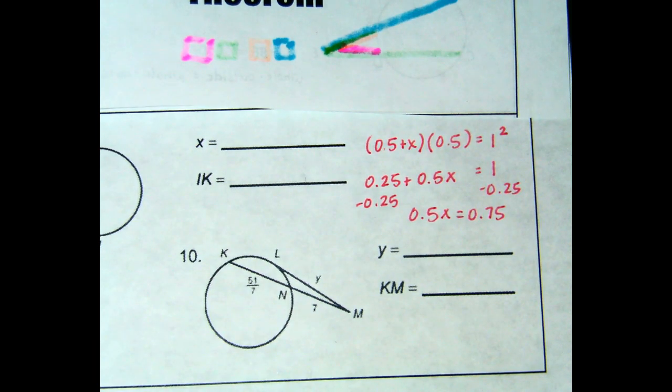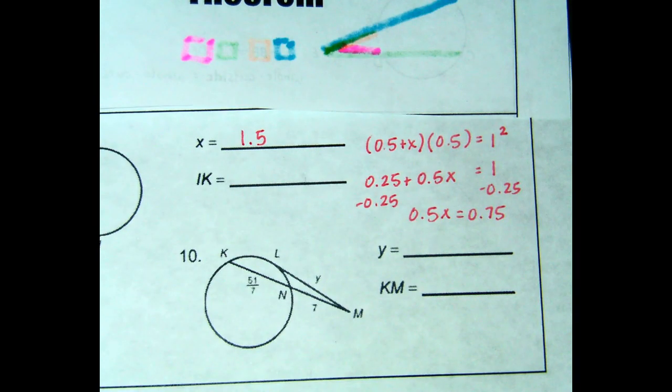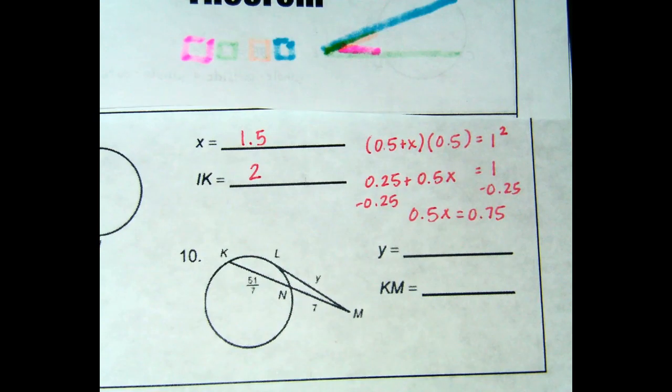Divide by 0.5. X equals 1.5. Now you need to find IK. Two. 1.5 plus 0.5 is 2.